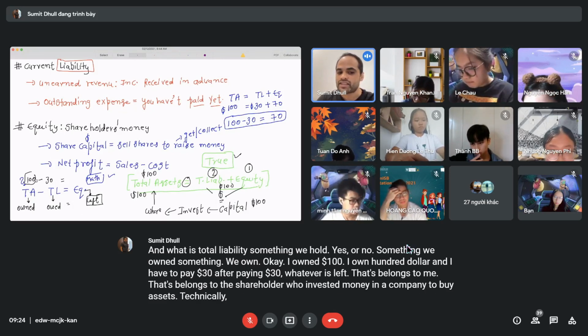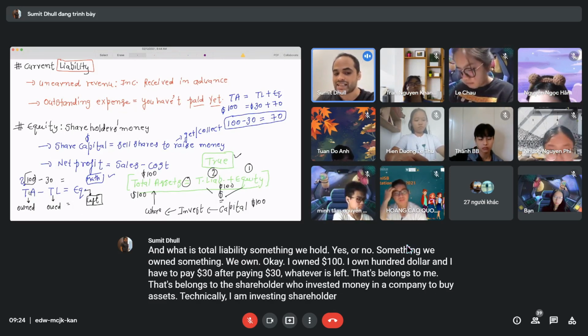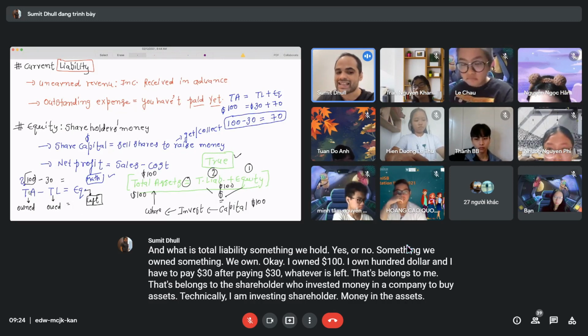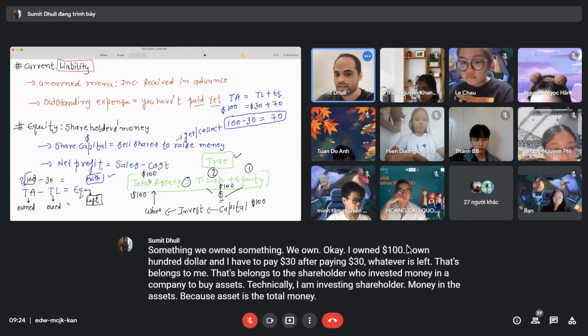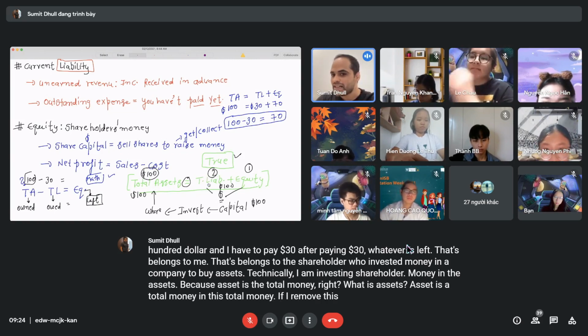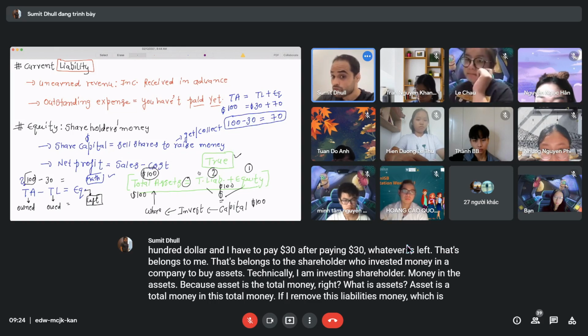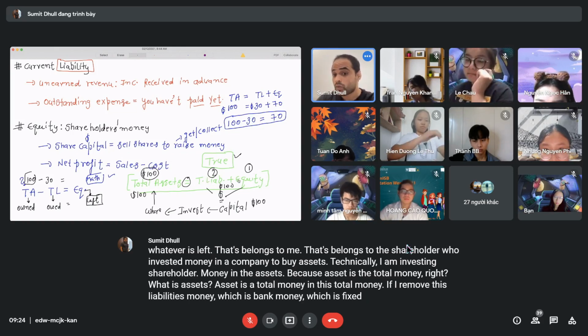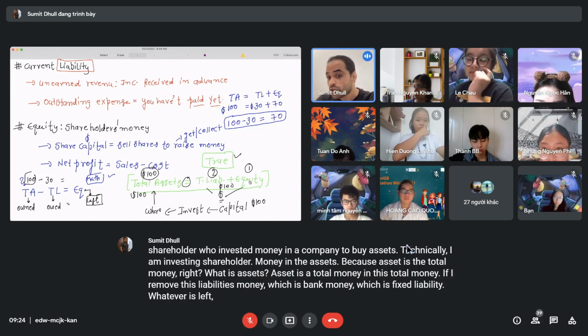Technically, I am investing shareholder money in the assets because asset is the total money, right? What is assets? Asset is the total money. In this total money, if I remove the liabilities money, which is bank money, which is fixed liability, whatever is left, does it belong to the shareholder?